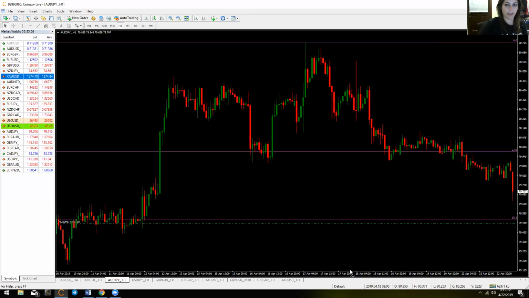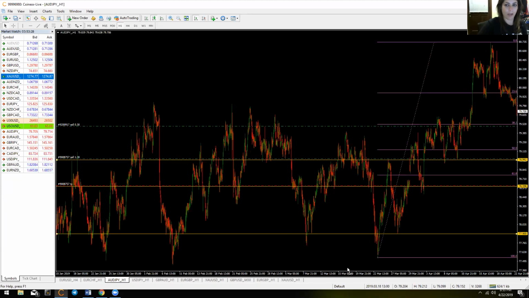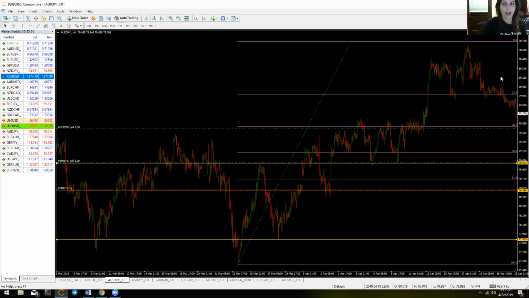And what you would do is draw from the lowest low to the highest high. And when it comes down and crosses this 23, that's when it would activate. And you would put a sell stop if it's going down or a buy stop if it's going up. So you put a sell stop right here at this 79.975, and you take your profit at the 38.